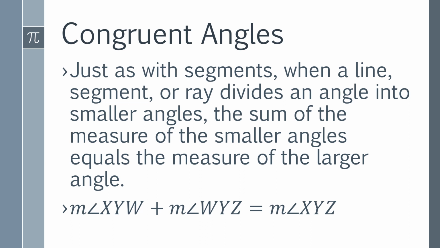So we might say that this is a small angle, and we might say this is the medium, but that's equal to the large. So the smaller angle plus the medium angle equals the large angle.